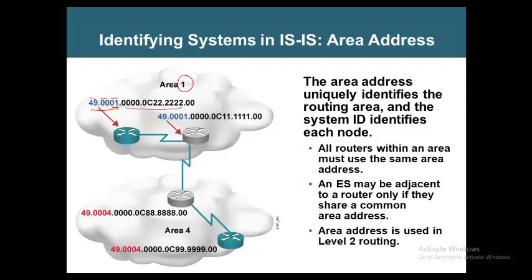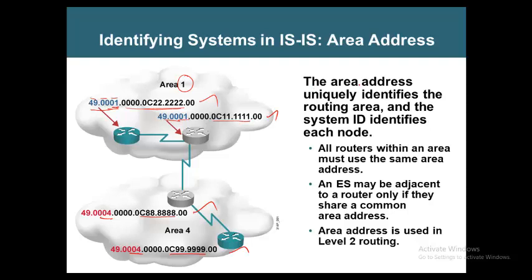See, unique. Router 1 க்கு 1111 கொடுத்துருக்காங்க. இது 0C2222 கொடுத்துருக்காங்க. For this 88888 99999. But this one is area 4, whereas this one is area 1. Right? So this is unique. It should be unique.